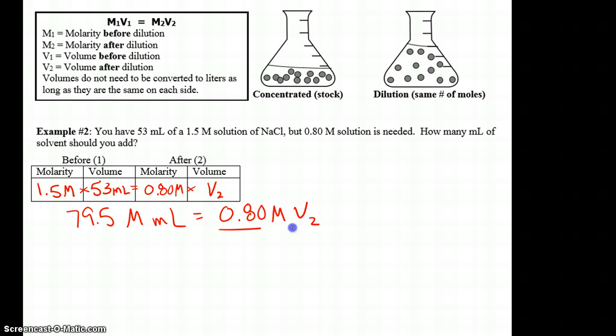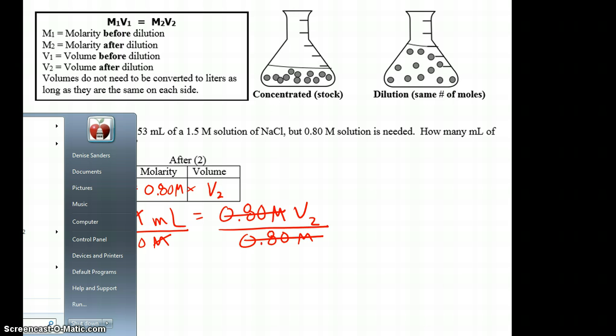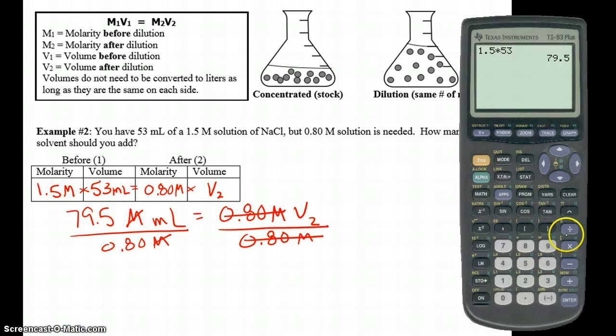I want V2, so I need to divide what's being multiplied by it. So 0.80 M dividing on both sides completely cancels out on this side. The M's cancel out on this side, and now I need a calculator to divide 79.5 by 0.80. So let's pull that calculator up again. There's our 79.5.